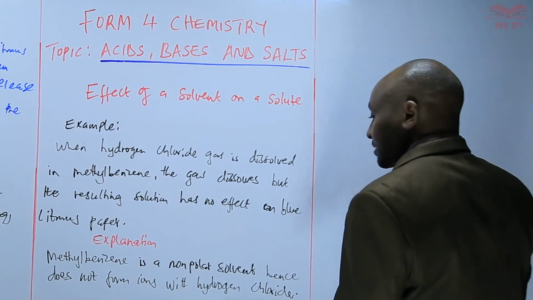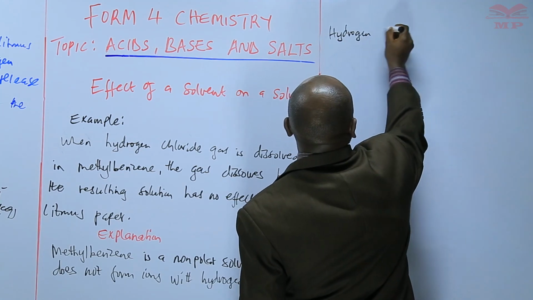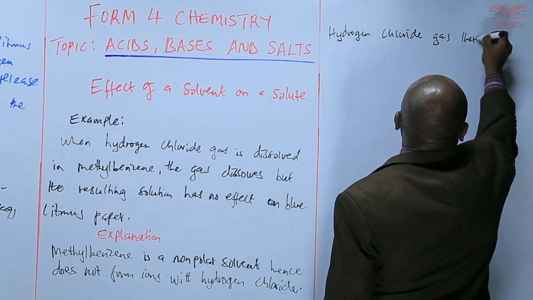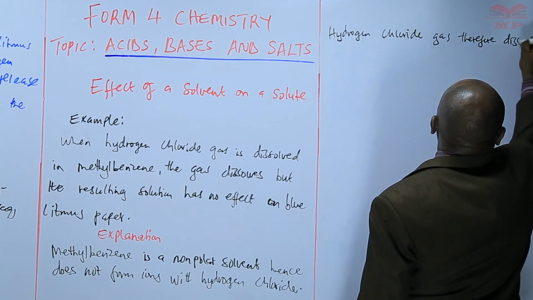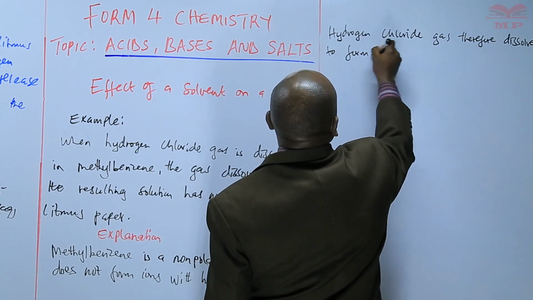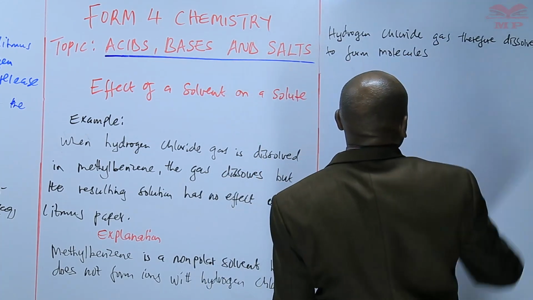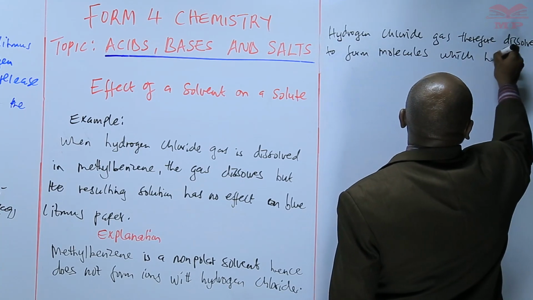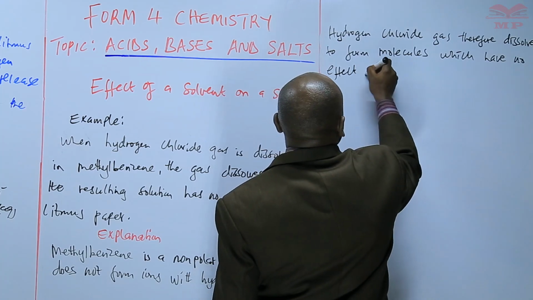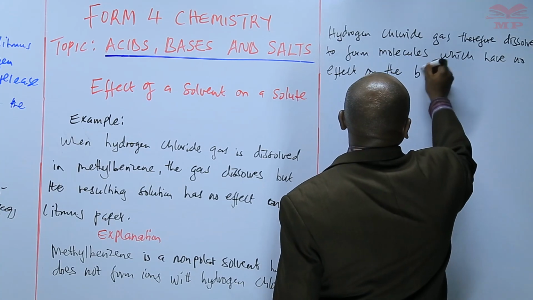The hydrogen chloride gas therefore dissolves to form molecules, but not ions. So it forms molecules which have no effect on the blue litmus.